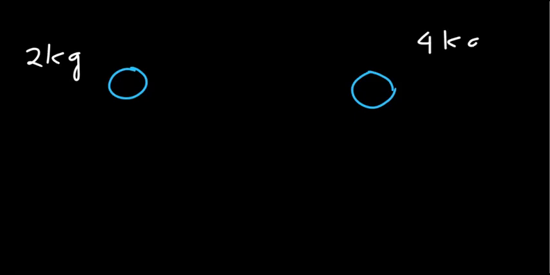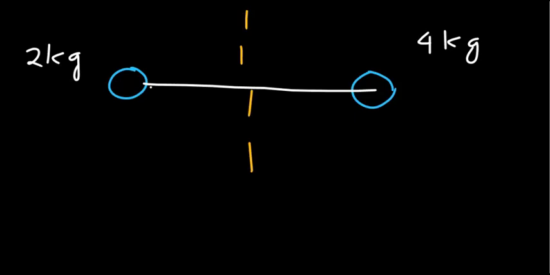Now let's assume that you have a system that consists of two objects. One object has a mass of 2 kg and the right object has a mass of 4 kg, and they are connected by a massless rod or a string like that. Let's assume this system is rotating about an axis that's going through the middle, like that.